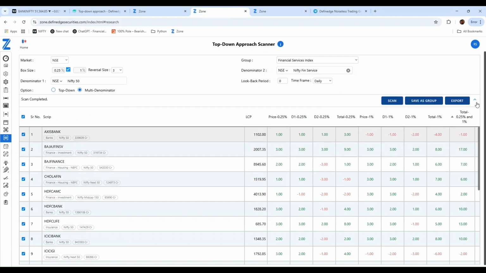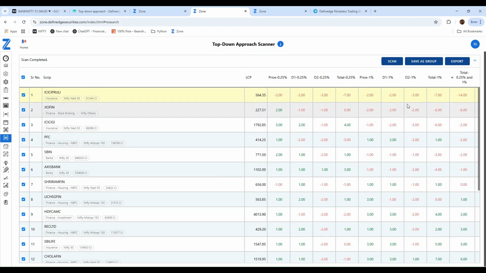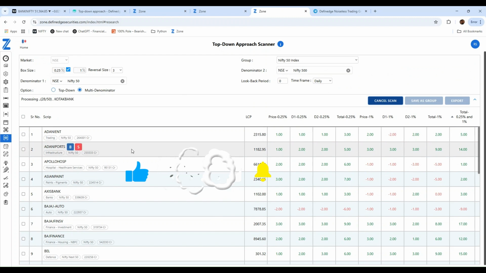Okay, this is the financial services. We don't have anything that I can have a look at, but ICICI truly is something that you can keep a tab on.